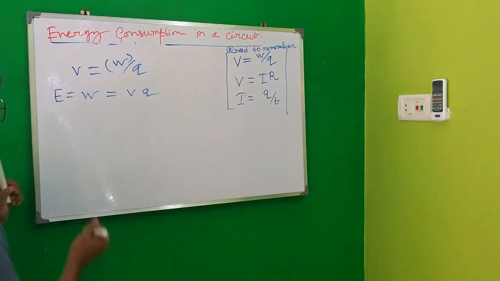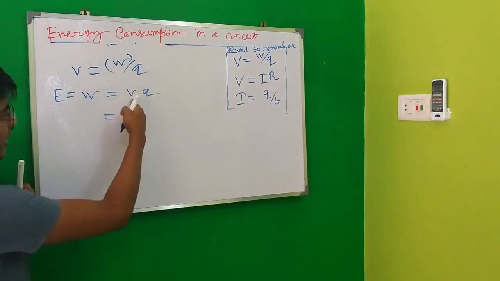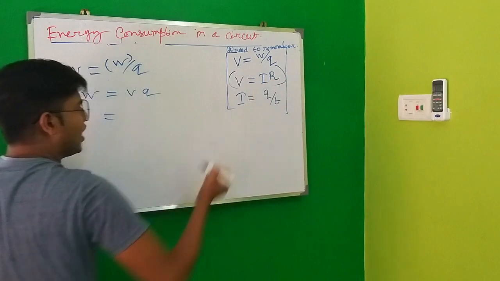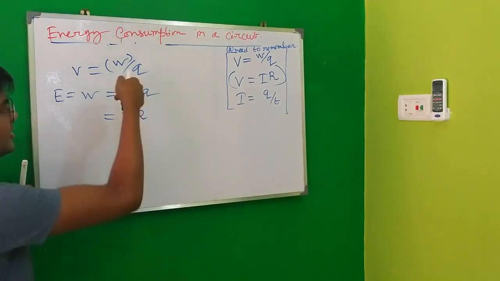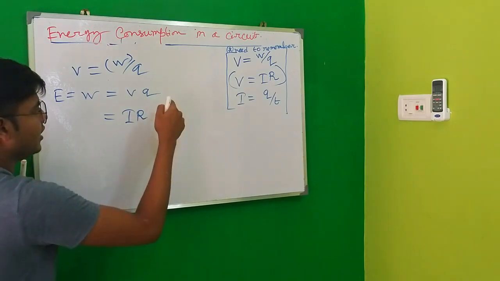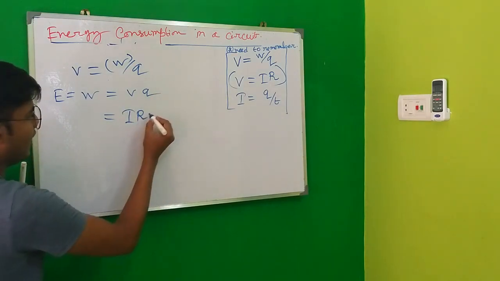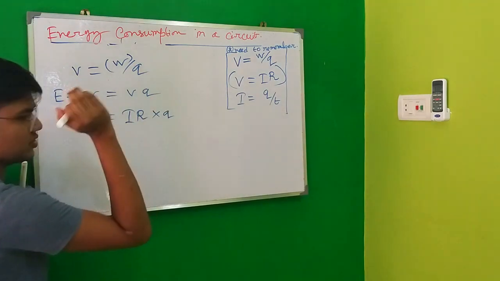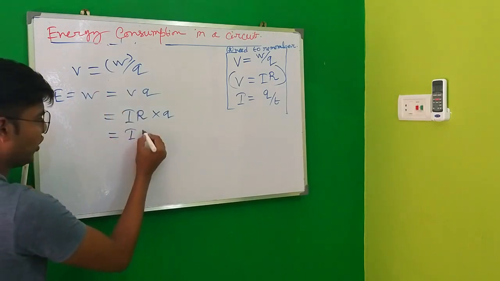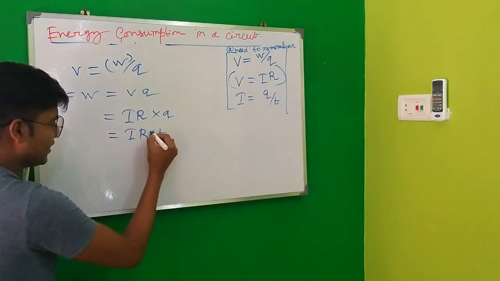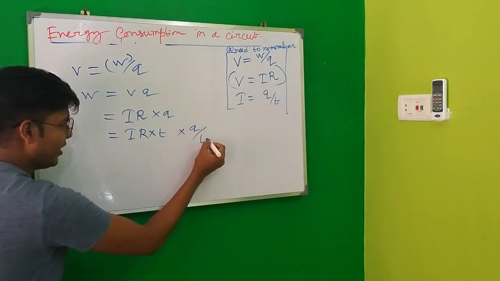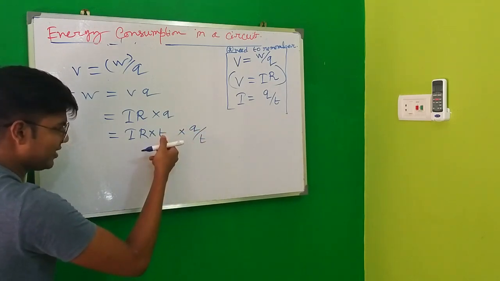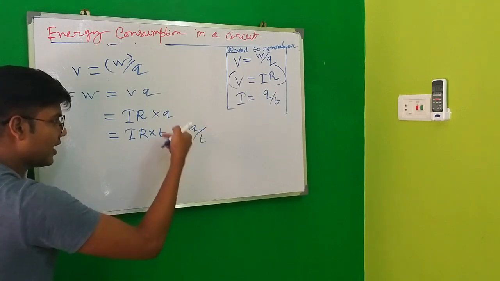Next, V is given by Ohm's law, so you can write IR instead of V. In the other one, I am taking Q as it is. Now see the trick. You multiply that with T, that means time, and you also have to divide by T. As you multiply, you divide, so it gets cancelled out.